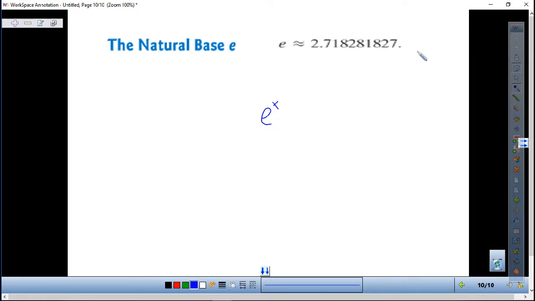And it continues on forever. It does not repeat, very much like pi. So when you see e to the x, it's just this number raised to an exponential, raised to a power. So if you see e squared, it's just 2.718281827 squared. It's just the number. But e is a base.